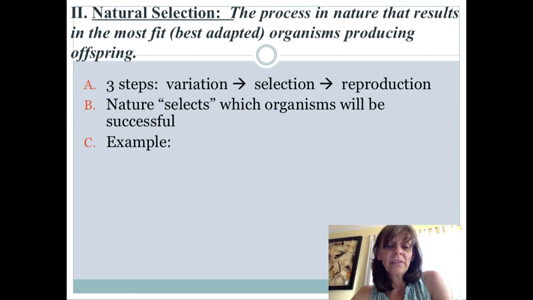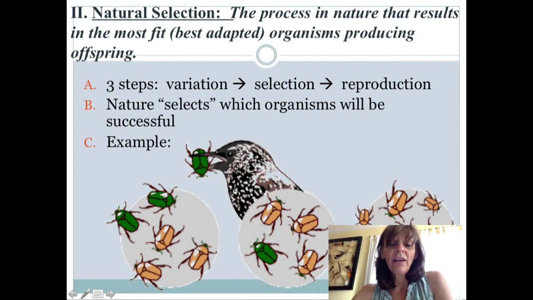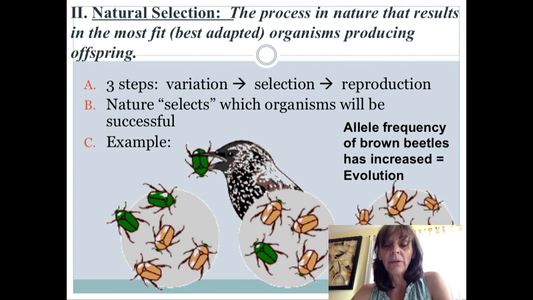For example, if you have different colored beetles, brown and green, and the brown beetle is more camouflaged than the green beetle, then over time the green beetle will be selected against because it's more easily visible, and over time the population will change to have fewer green alleles, or a higher proportion of allele frequency of the brown alleles, the brown beetles.